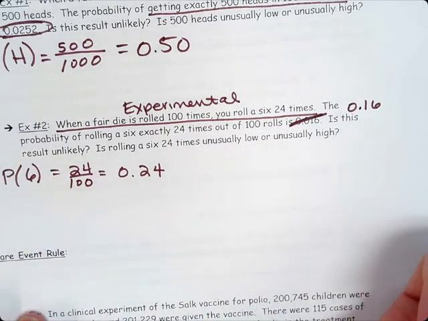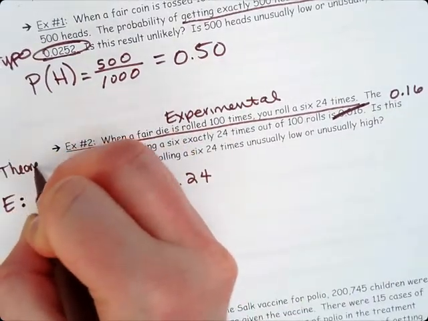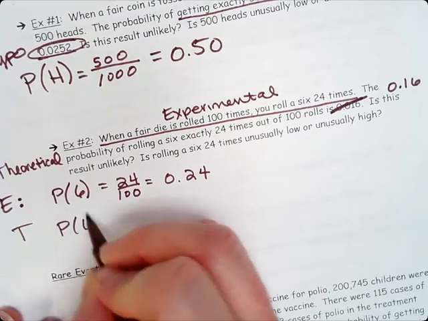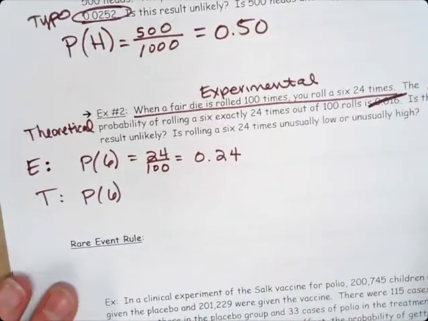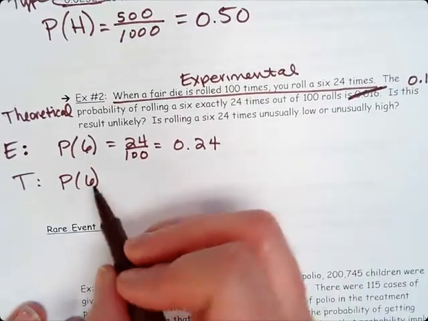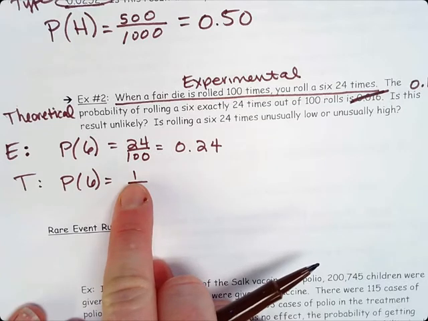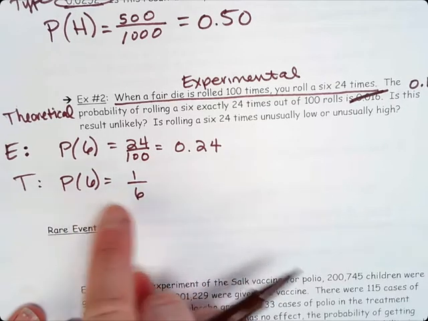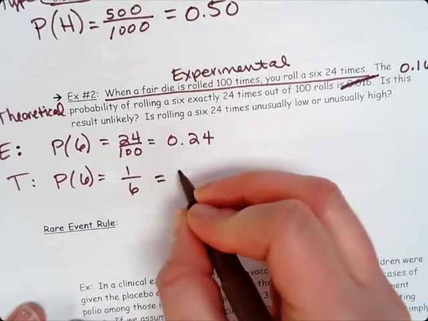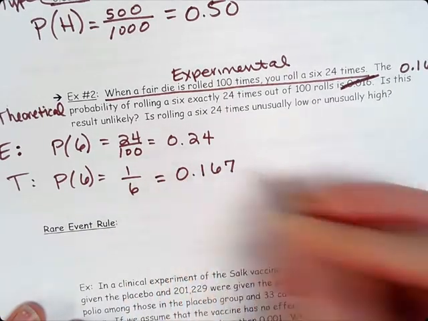So the theoretical probability, right? Cool. So our theoretical probability of getting a 6, we could actually find that. We shouldn't have just been given that. We would actually find that, which would be 1 out of 6, right? Because there's one side that's labeled with a 6 out of a total of 6 numbers, which comes out to 0.16 repeating.